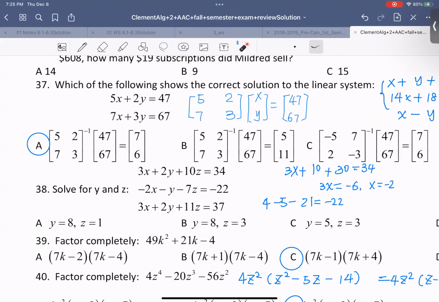The matrix here is just like those arrays in your Java or C++.